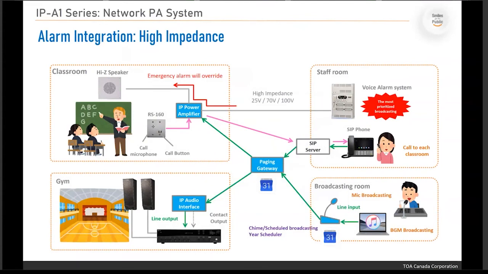The IP power amplifier, as explained, will do different functions at the same time. So the IP power amplifier will connect the classroom to the principal room via the RS-160, the call button, and the microphone. And also the IP power amplifier will receive multicast streaming from the paging gateway.